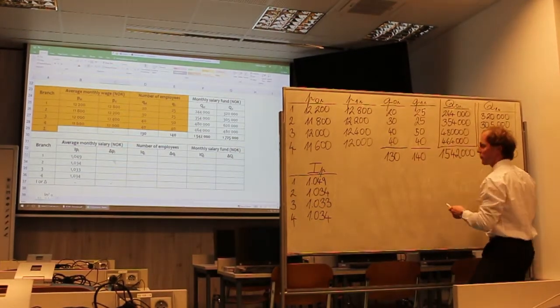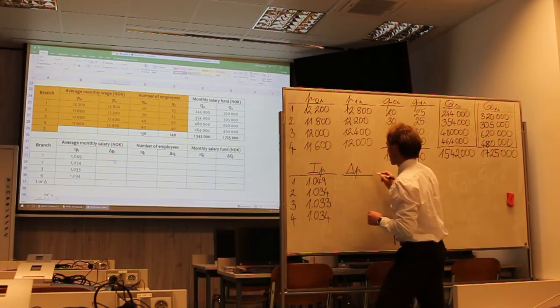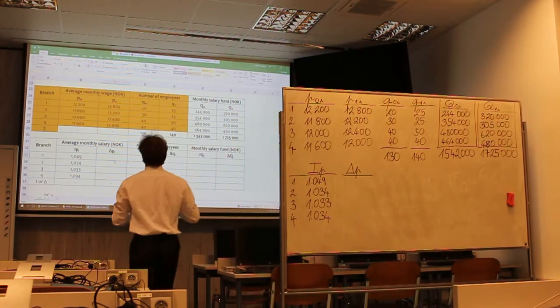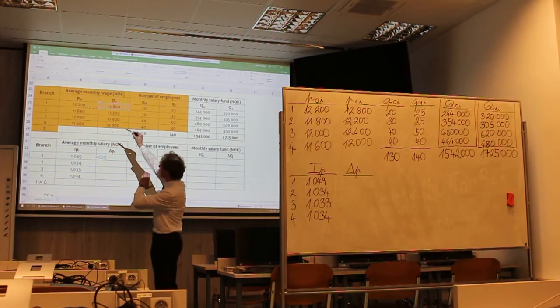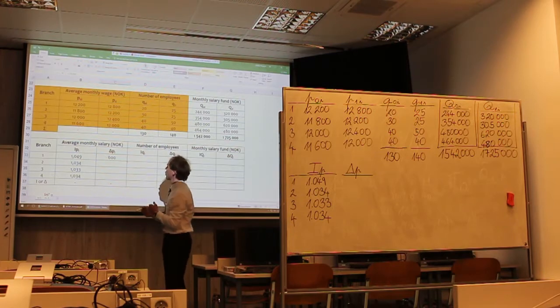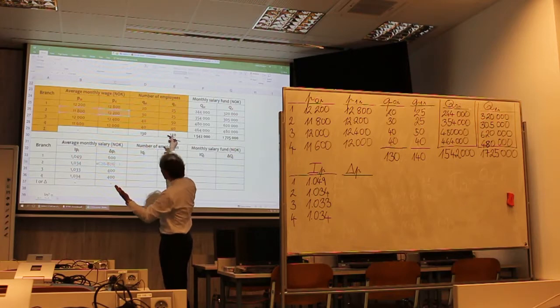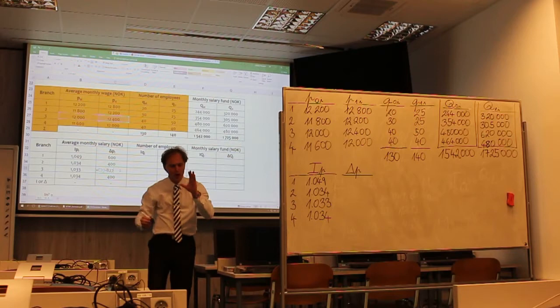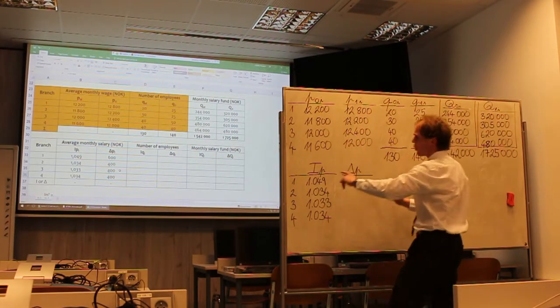Delta for prices. 12,800 minus 12,200, 600 Norwegian crowns. 12,200 minus 11,800, 400 Norwegian crowns, etc. New value minus old value.